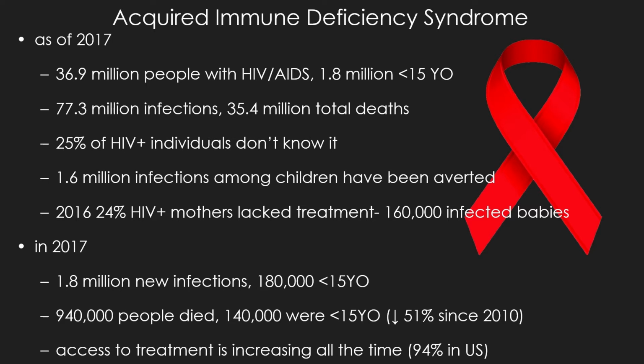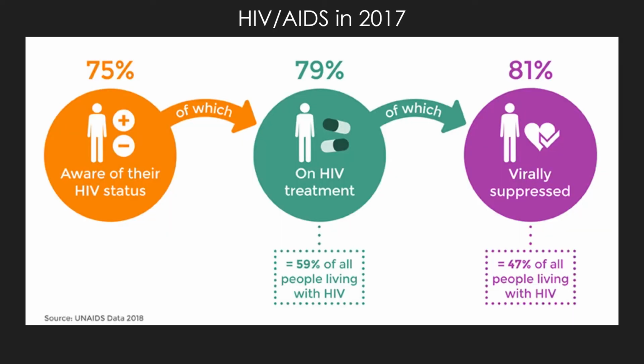And in 2017, 940,000 people died, 140,000 of which were less than 15 years old, which is a devastating statistic, but the good news is that number has decreased 51% since 2010. And one of the reasons that those numbers are getting better is because access to treatment is increasing all the time worldwide.